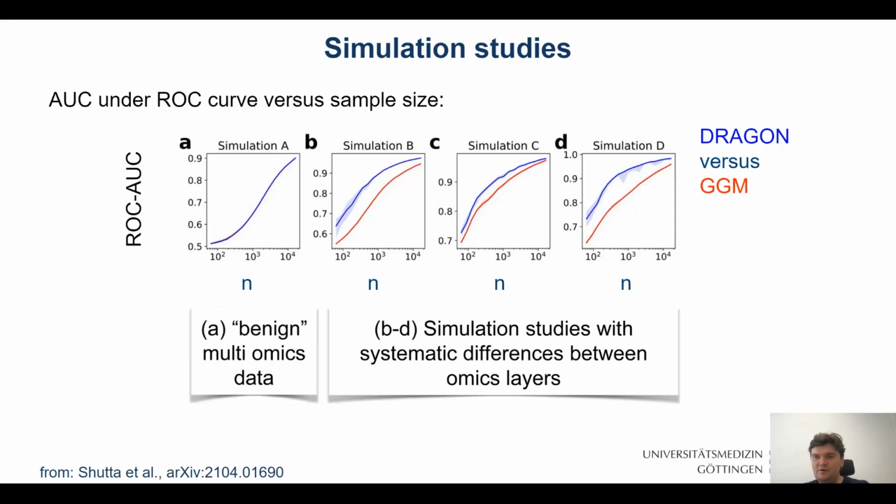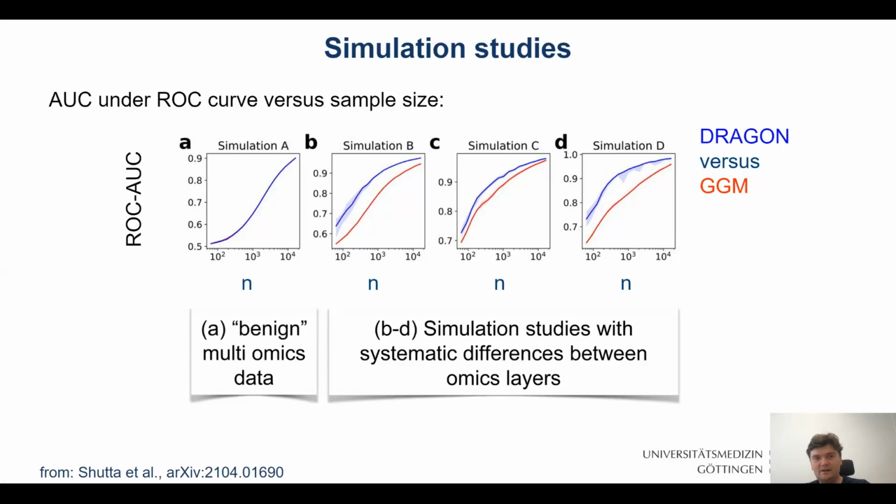And as we see, both perform identically. So if I have a very controlled setting where I do not care about multi-omics issues and I just deal with both as if they belonged to the same omics layer, DRAGON and GGM are basically the same.